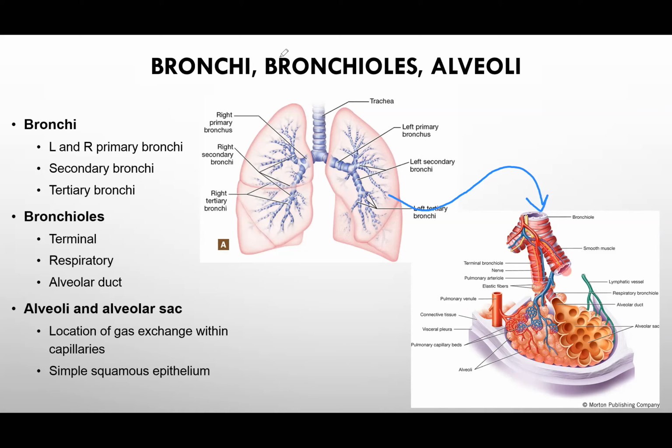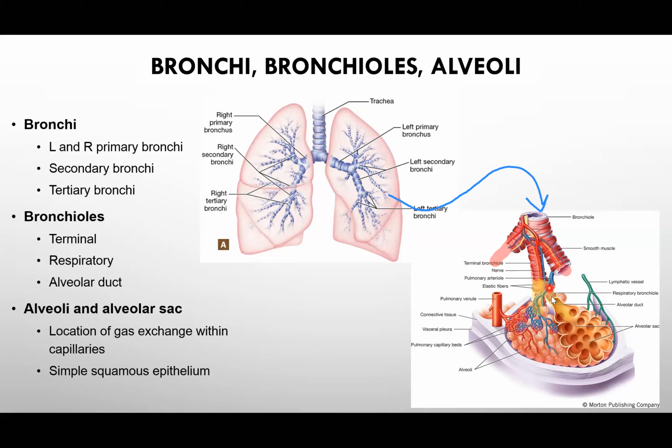Here's a terminal bronchiole, and here's a terminal bronchiole. So we have 3 terminal bronchioles in this particular arrangement. We're going to focus on this middle one. You can see it splitting 2 ways, and each of those splits is now going to be called a respiratory bronchiole.